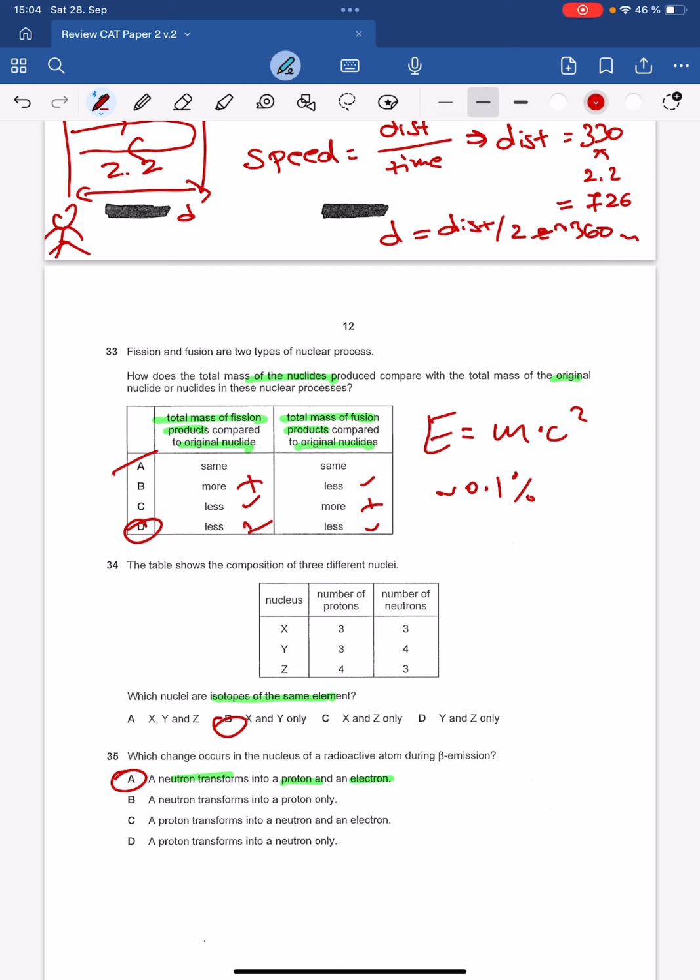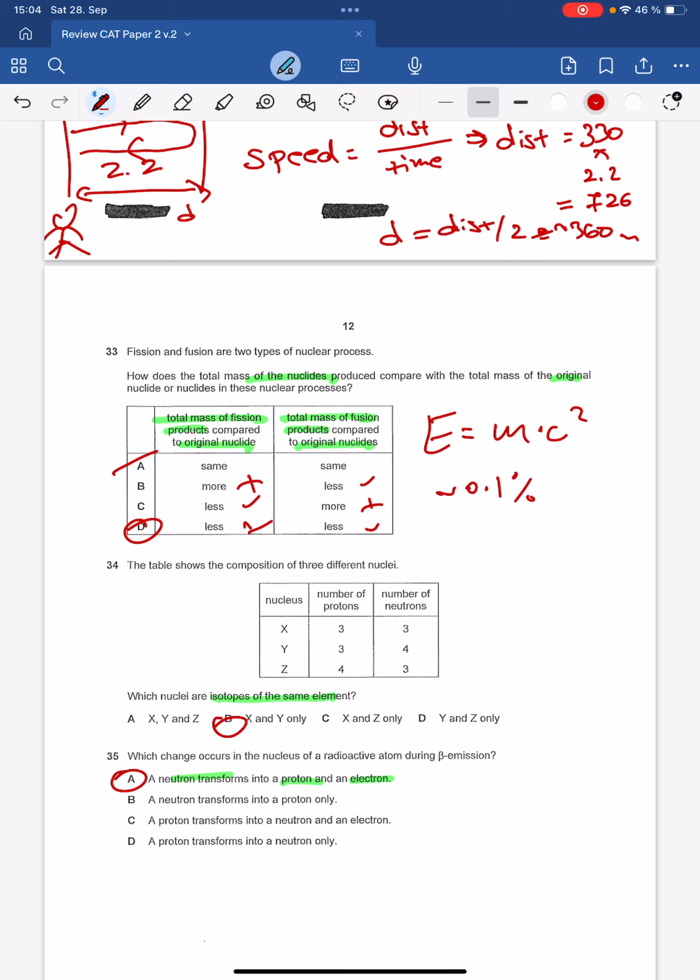How does the total mass of the nuclides produced compare with the total mass of the original nuclide or nuclides in these nuclear processes? So we want to compare the mass before the fission and fusion to the mass of the products after that process is complete.